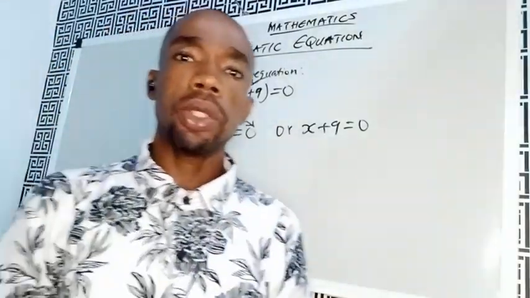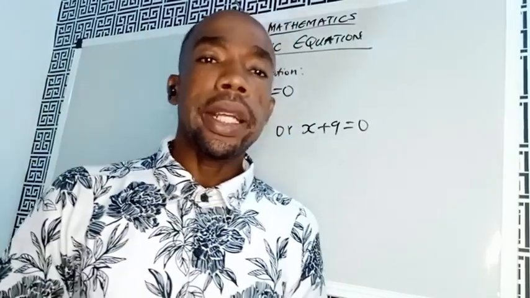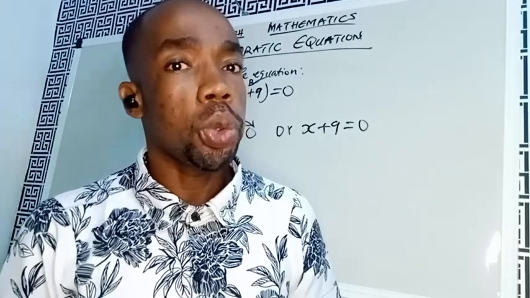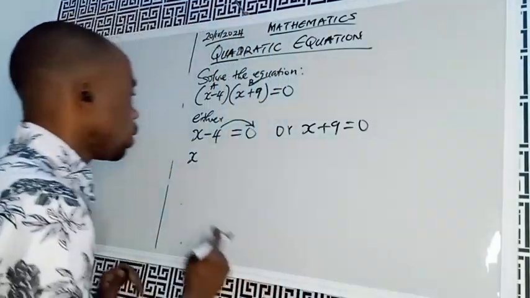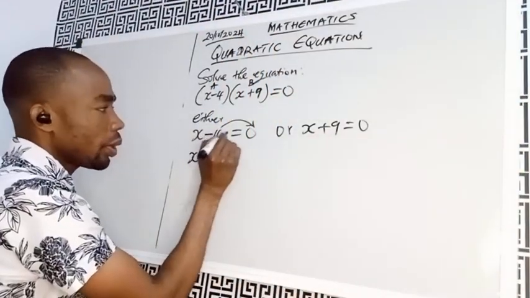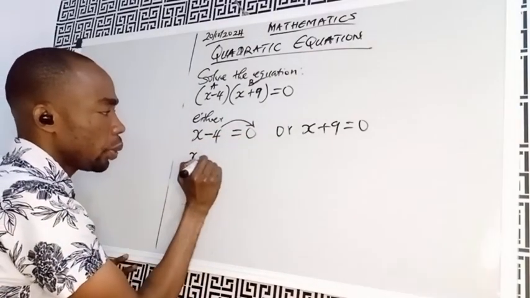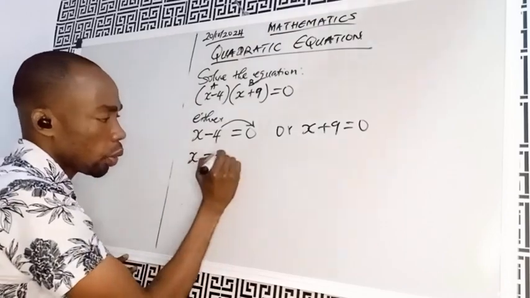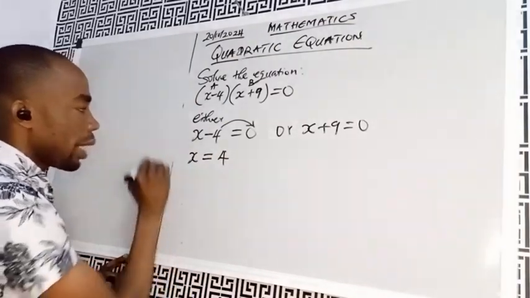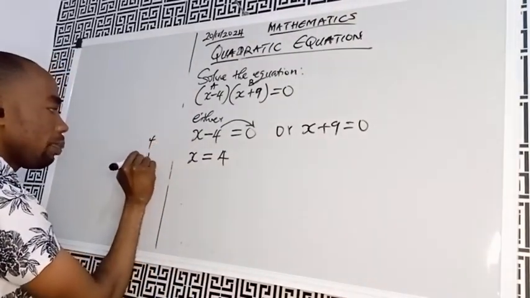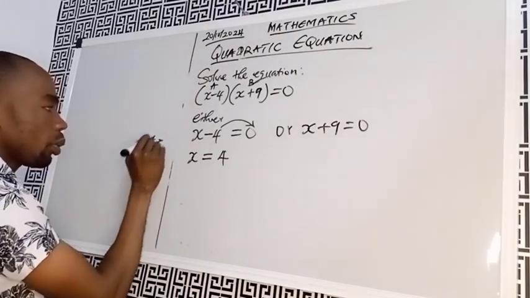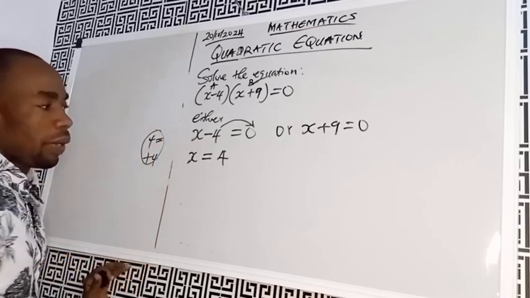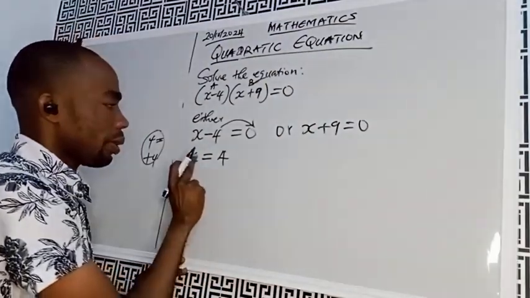It will change from plus to minus, or from minus to plus. So when this minus 4 crosses the equal sign, it will change to plus 4. Remember that 4 is the same thing as plus 4. So it will give us 4.